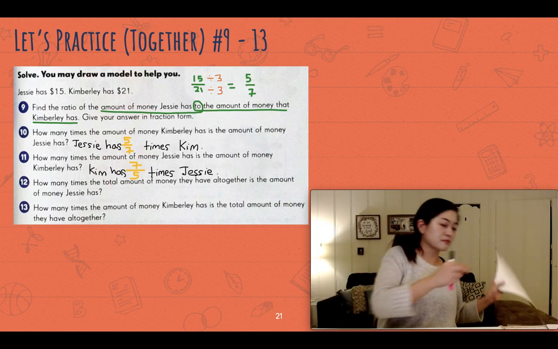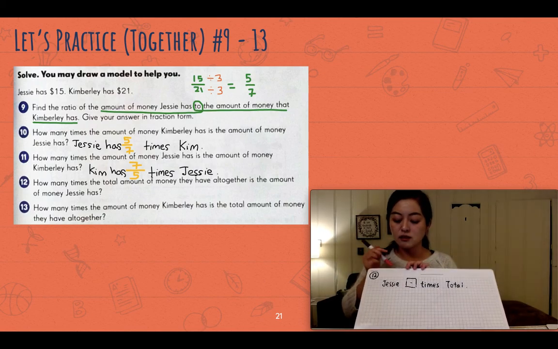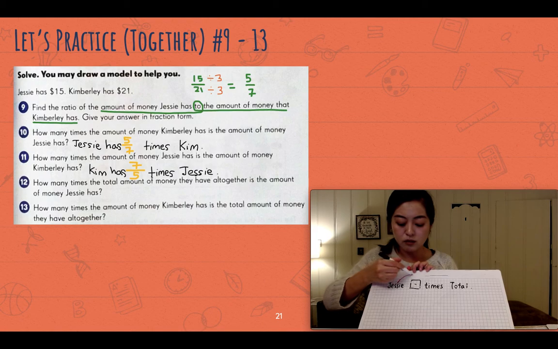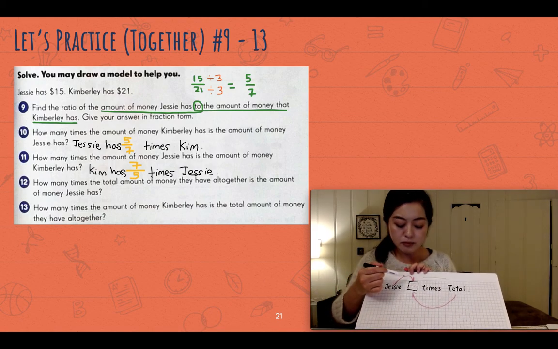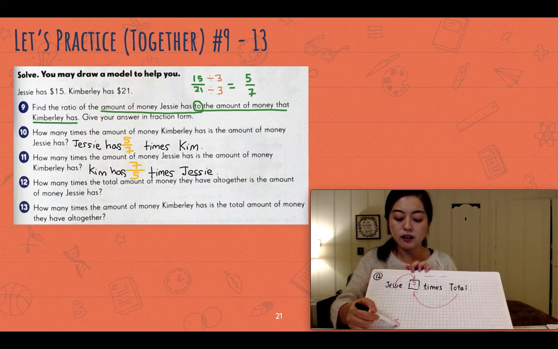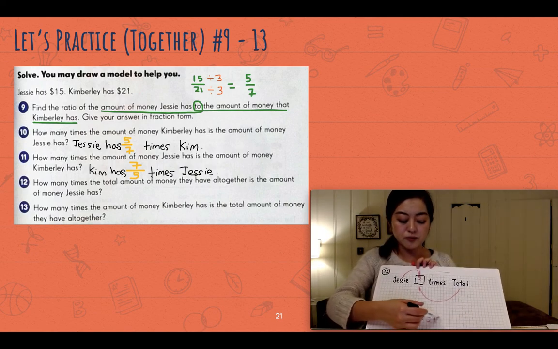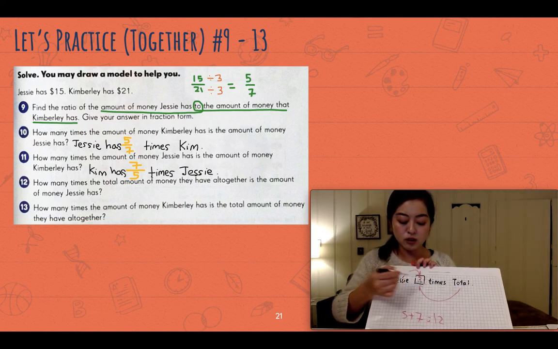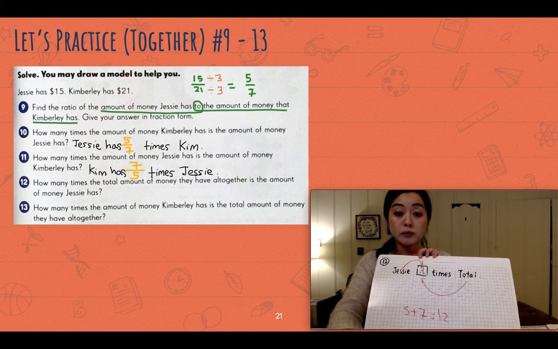Jesse's amount goes in the numerator, the total goes in the denominator. Jesse's amount is 5, the total is 5 plus 7, which equals 12. So Jesse's amount is 5/12 times the total amount.